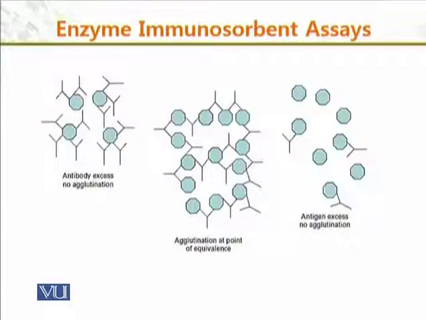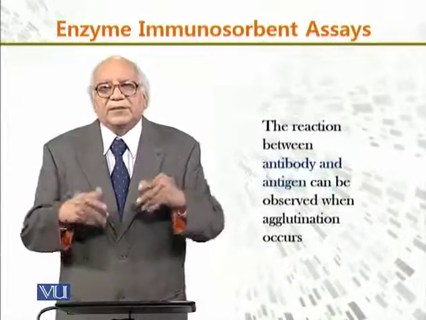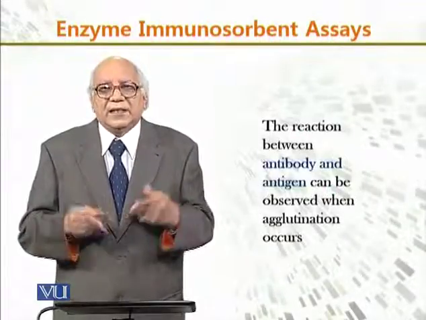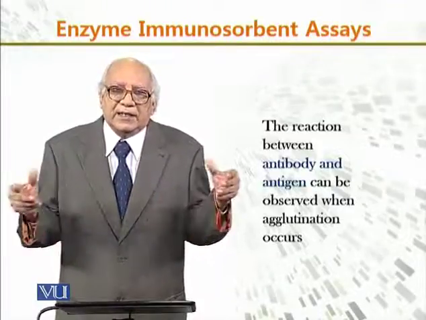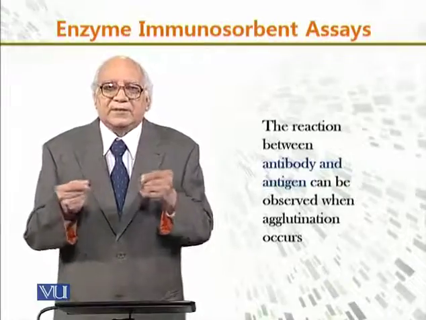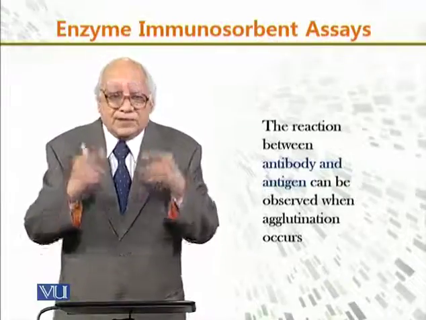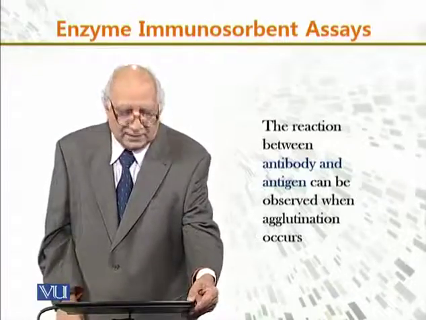The reaction between antibody and antigen can be observed when agglutination occurs, as I described earlier, and agglutination is a method to determine the concentration of antibody or, vice versa, the concentration of antigen.